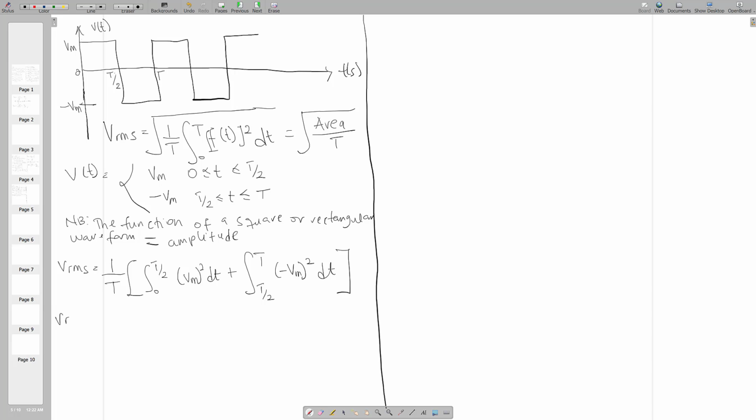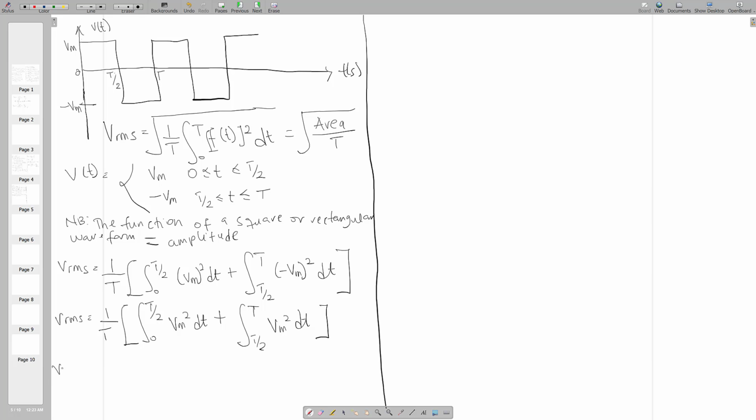So our VRMS here is 1 on T, integrating from 0 to T on 2, we will have Vm squared dt, because squaring Vm gives you this, right? From T on 2 to T, we will have negative Vm squared, which is the same as Vm squared dt over here.